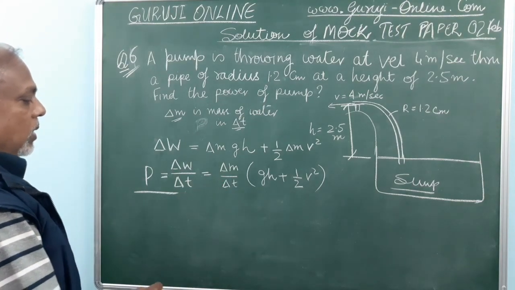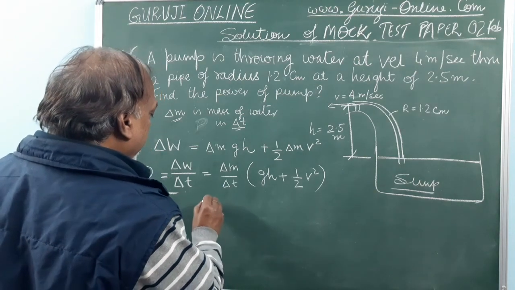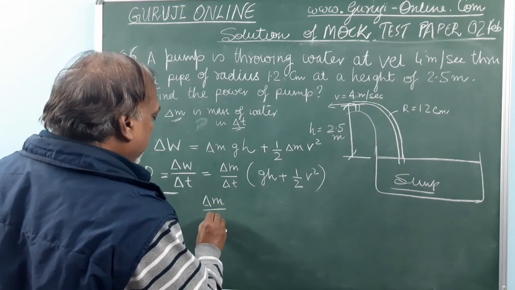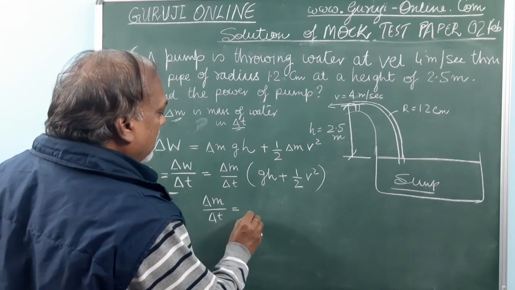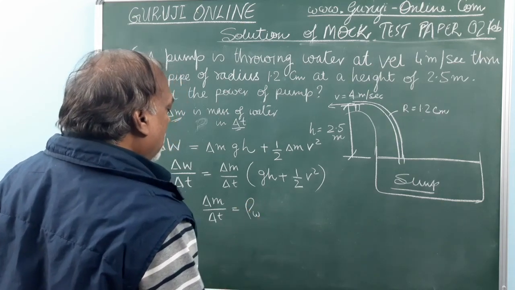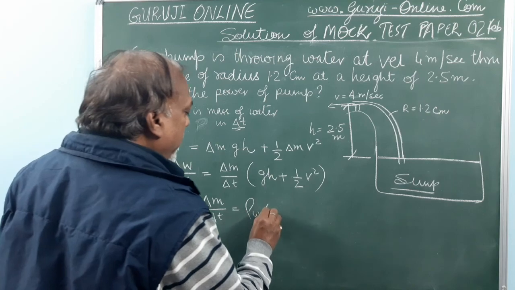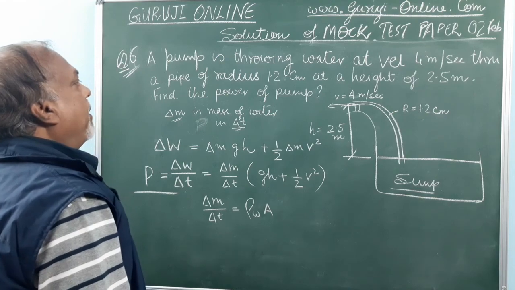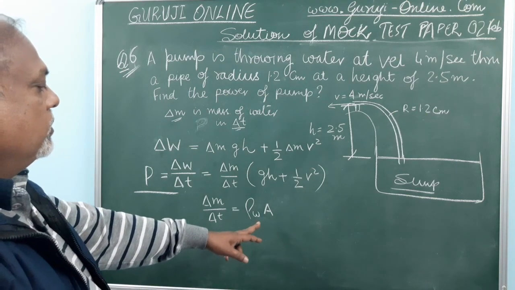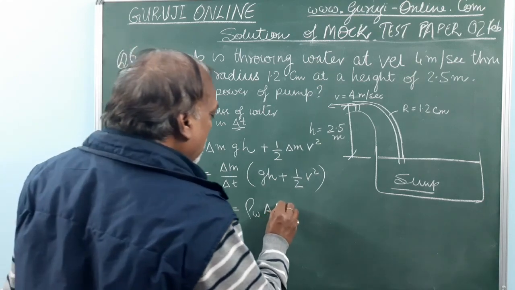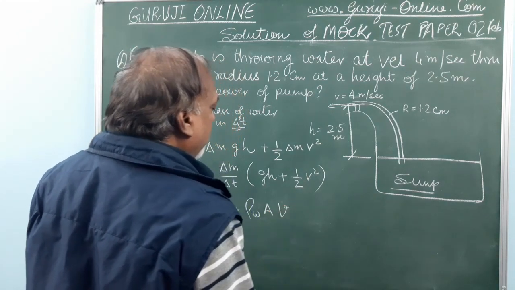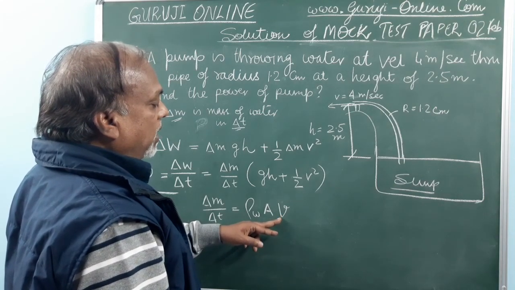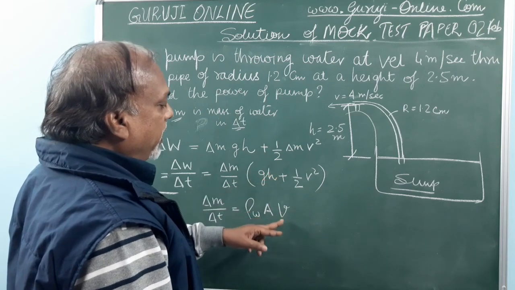Now, what is delta M by delta T? Rho into area of the hose pipe into velocity, because the velocity is 4 meter per second.